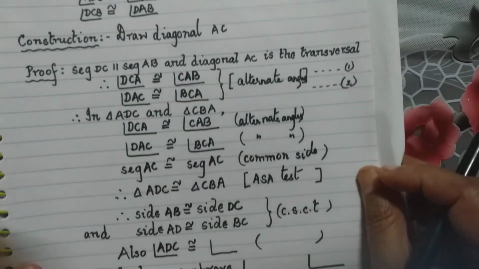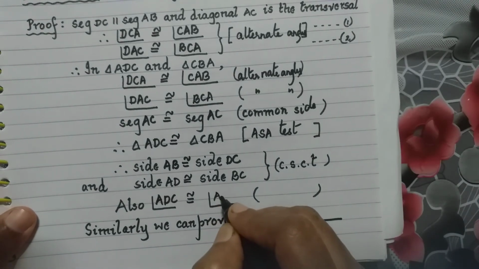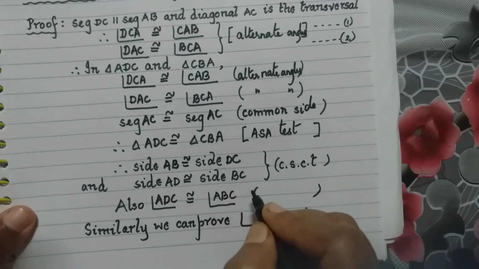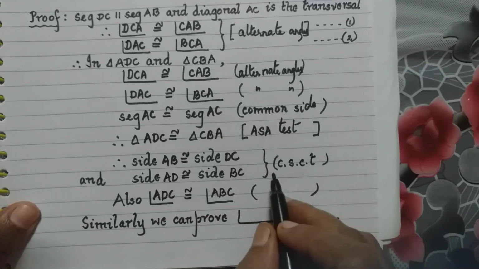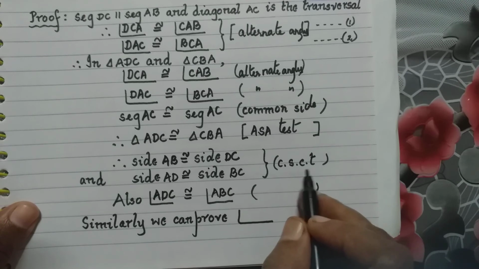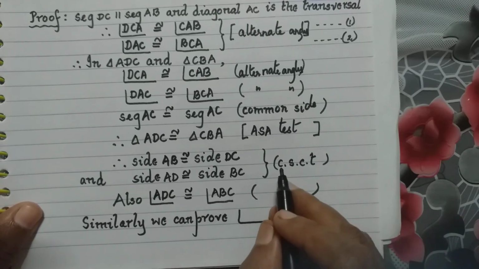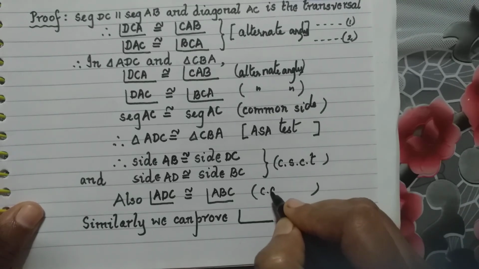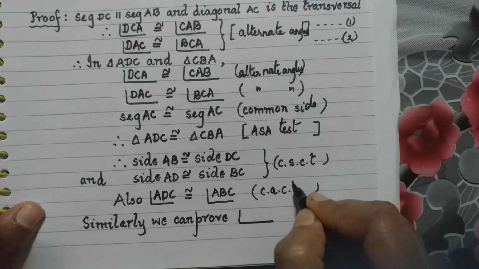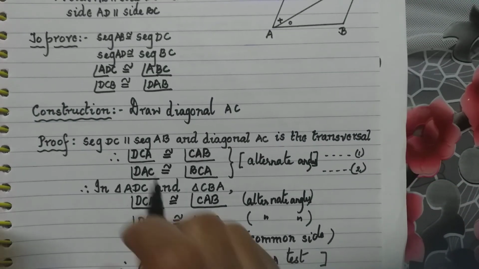How is it congruent? Is it by CSCT? CSCT is corresponding sides of congruent triangles. This is corresponding angles, so it will be CACT.